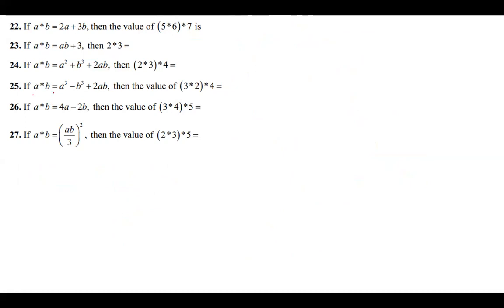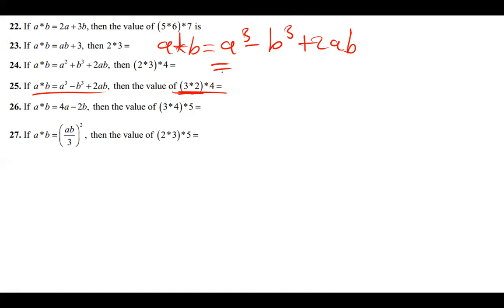So we have also this one. We have A cubed minus B cubed plus 2ab. So this is A star B. And then what we've been given is 3 star 2 star 4. So these will be very big numbers.